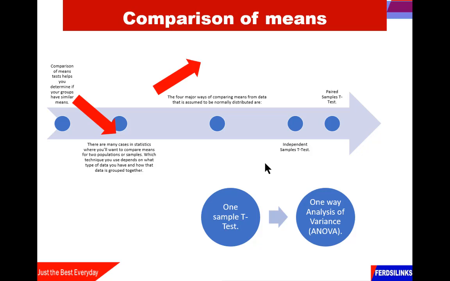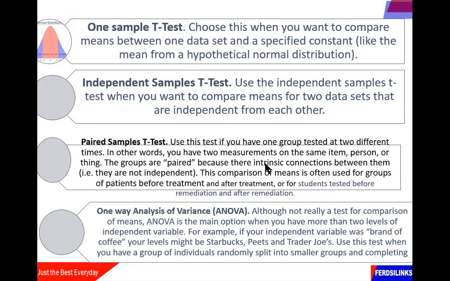Now, the one sample t-test is used when you want to compare the mean between one data set and a specific constant. Put simply, you want to compare the mean of your data and the mean of a known population.